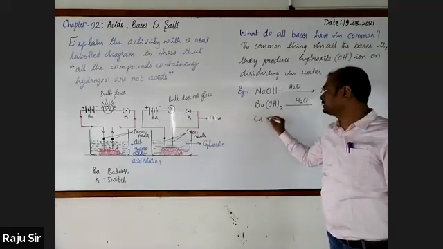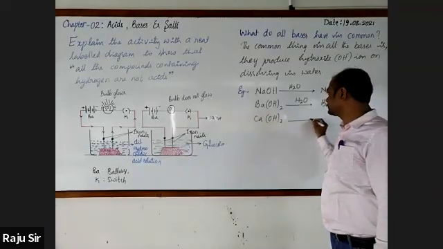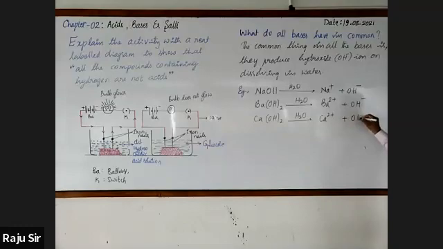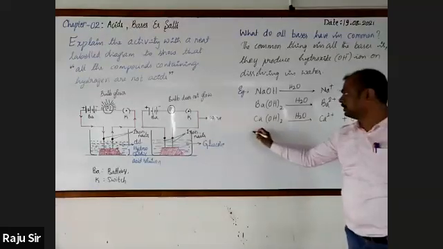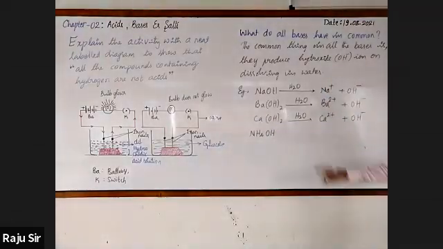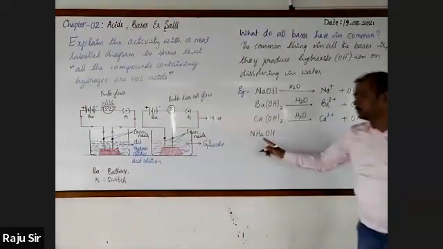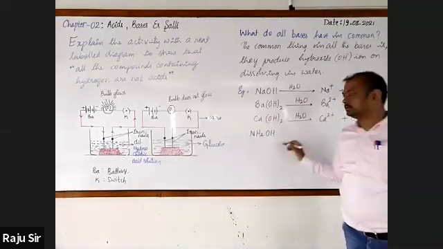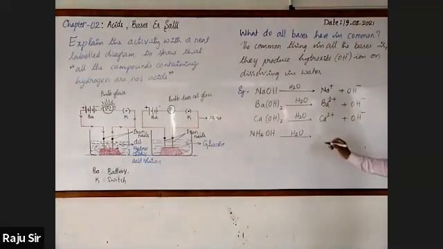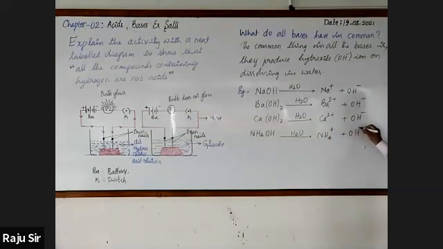I'll take calcium hydroxide, Ca(OH)2. When it is dissolved in water, it produces Ca2+ and 2 OH-. Then name this compound. Ammonium hydroxide. When it is dissolved in water, it produces NH4+ and OH-.